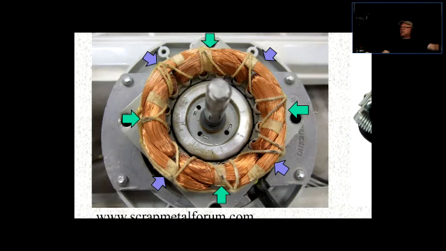Let's say the green ones are the main winding, and the auxiliary doesn't exist. The single-phase AC is going to be applied equally at the same time to these two poles and these two poles. That is not going to produce a motion.